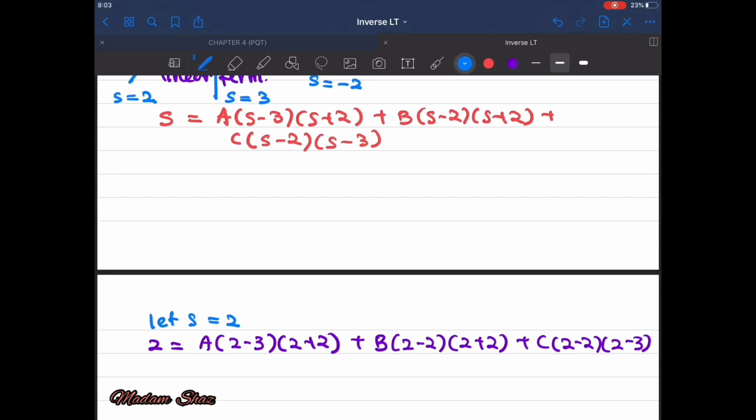So now simplify. 2 − 3 will become negative 1, 2 + 2 will become 4, so negative 1 multiplied with 4 will become negative 4.